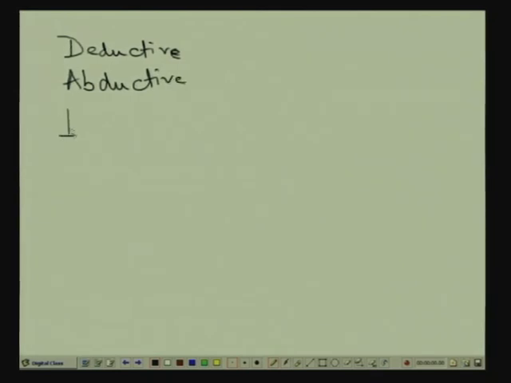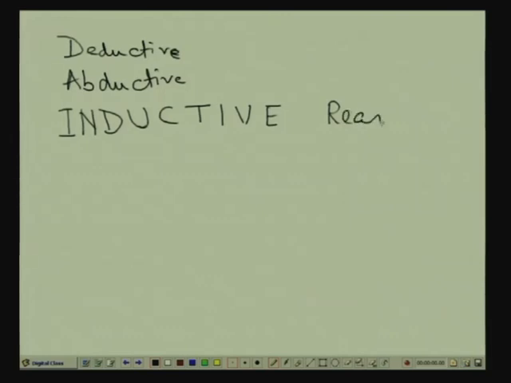Now, I introduce another one, that is inductive reasoning. And actually it is not new, because you will see that day to day we often use this.